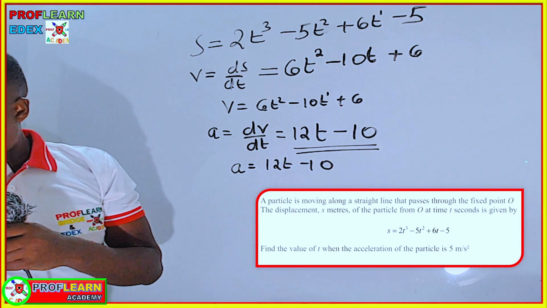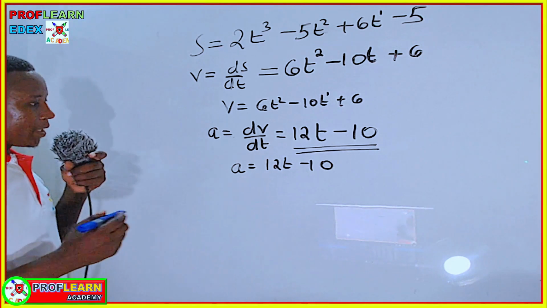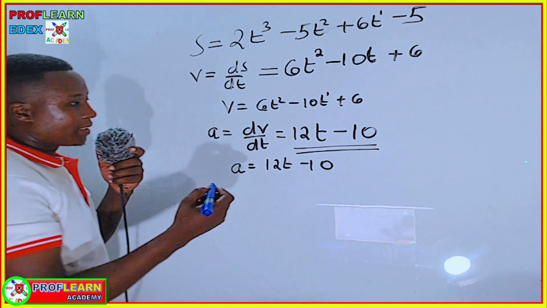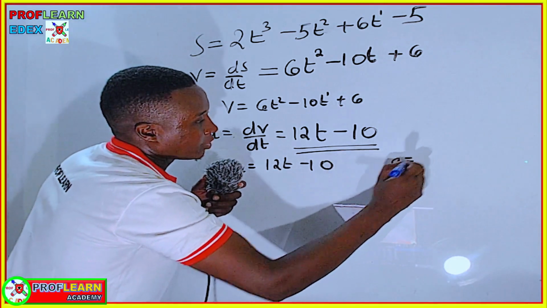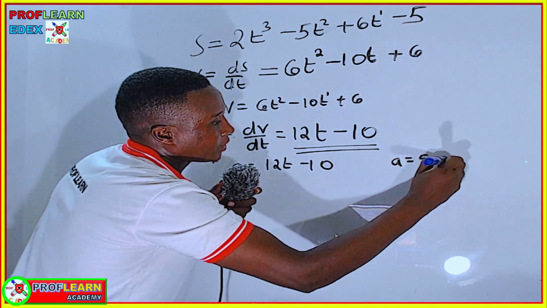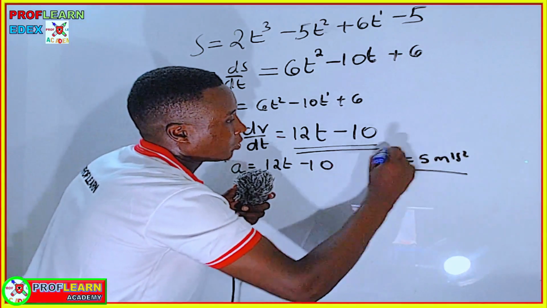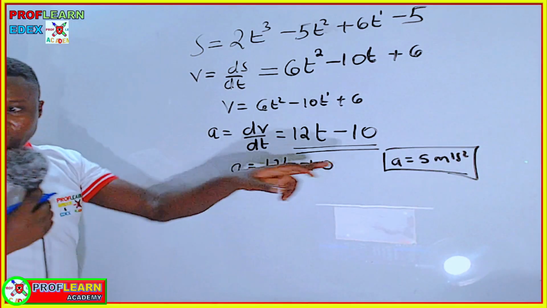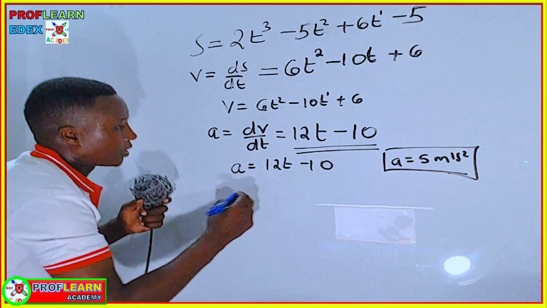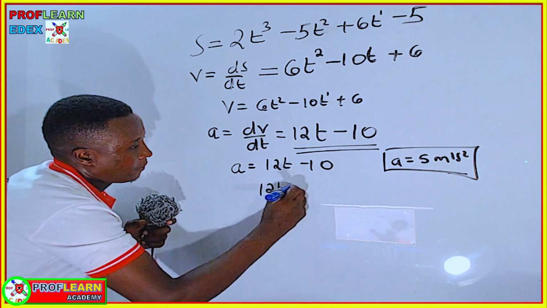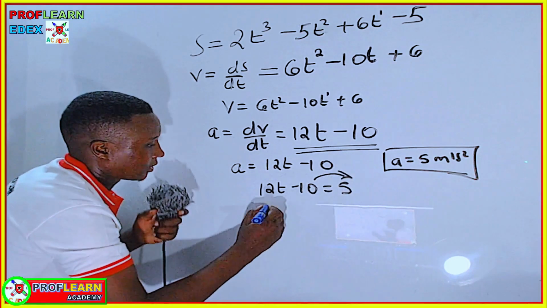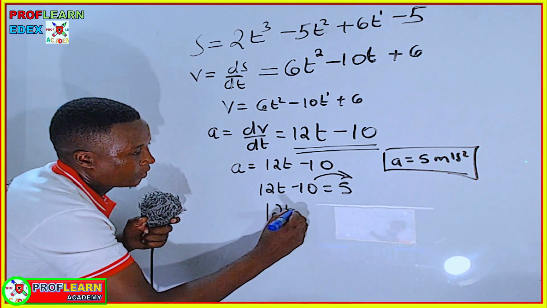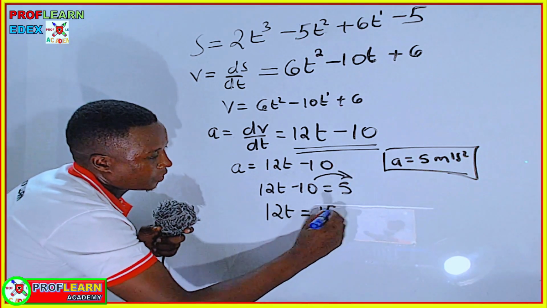Okay, so once we have that, because we are told we are finding the time when acceleration is equal to 5 meters per second squared. We were told that we find t when acceleration is this. So meaning that we can say this is 12t minus 10 equals 5. We can take 10 to the other side. We shall have 12t equals 15.